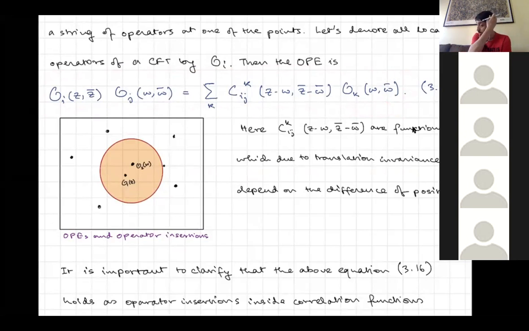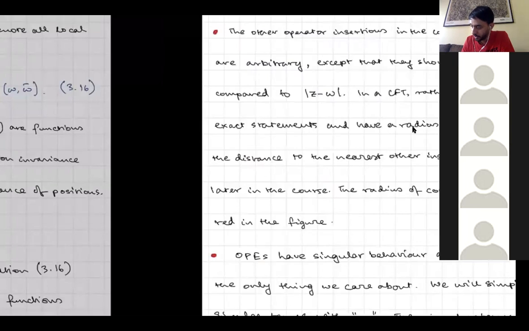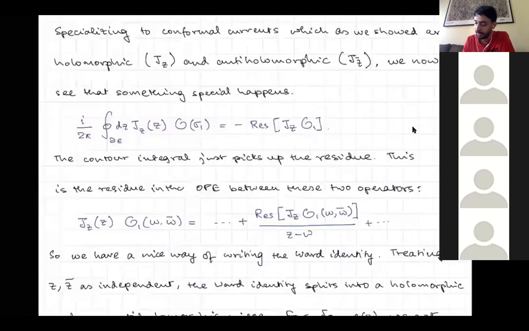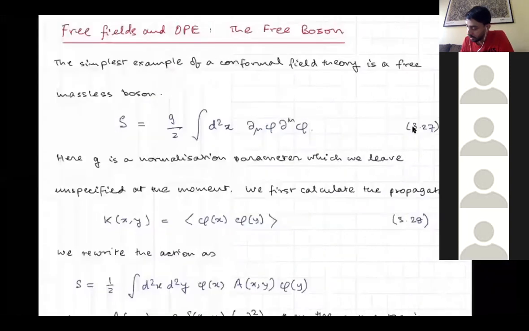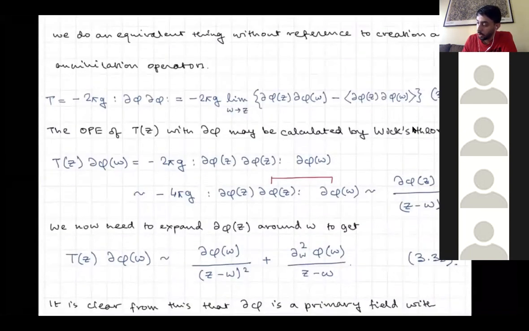Here we have written things in terms of z's. We want to re-express it in terms of omegas, as del phi of omega.